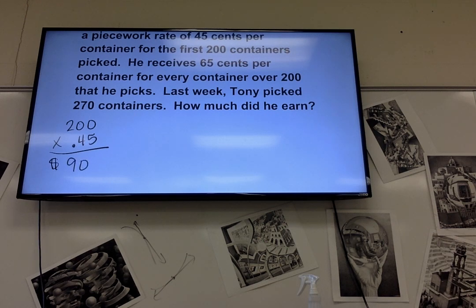Then, how much over 200 did he pick? Yeah, it was 270 in total, so that means 70 is over. And how much does he get for each of those 70 containers? Yeah, it says 65 cents per container, so that's 0.65.